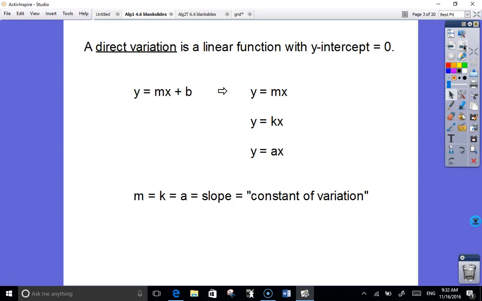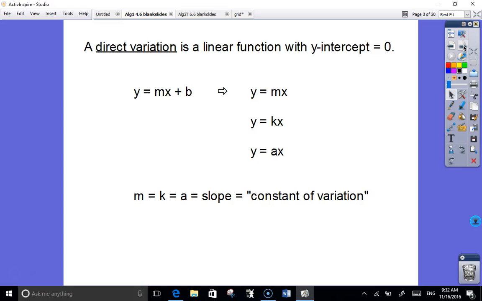That's a direct variation. Whenever the y-intercept is 0, that's called direct variation, because the only thing that's going to change the position of y is the slope. You're not also going to be adding or subtracting numbers, the y-intercept. So y equals mx plus b just turns into y equals mx because the y-intercept is 0.